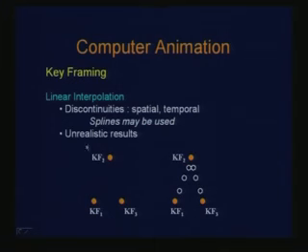Now, if you look at examples here, there could be some unrealistic results which we may obtain. So, there is, let us say, an example where I define keyframes at kf1, kf2 and kf3, right. It is something trying to simulate that some object or a ball is thrown up and it falls, right. Now, if that is the situation I am trying to animate, if I use linear interpolation, this is going to give me a result like this, right.